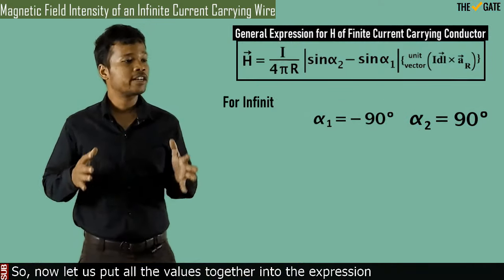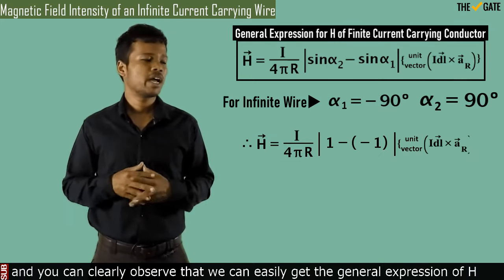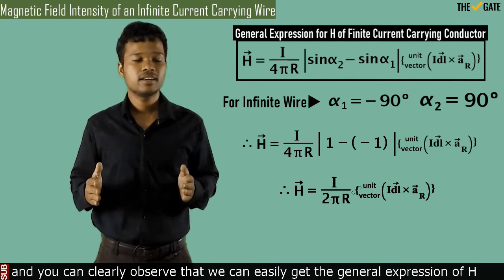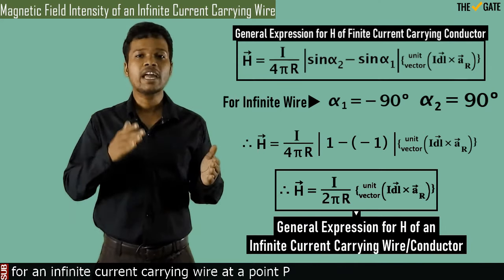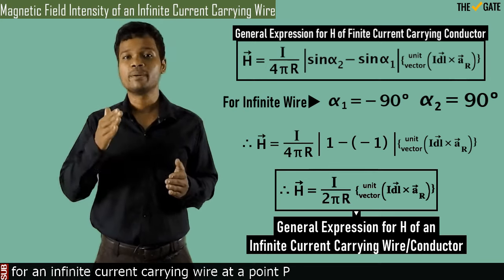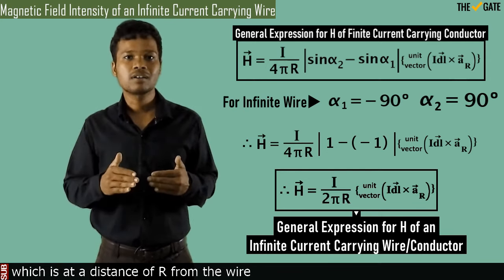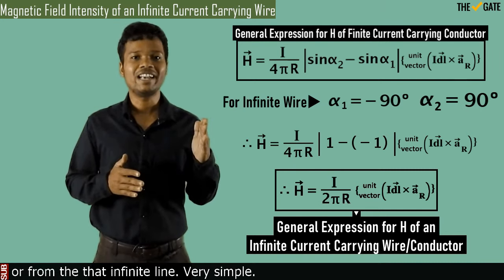Now let us put all the values together into the expression, and you can clearly observe that we can easily get the general expression of H for an infinite current carrying wire at point P, which is at a distance of capital R from the wire or from that infinite line.